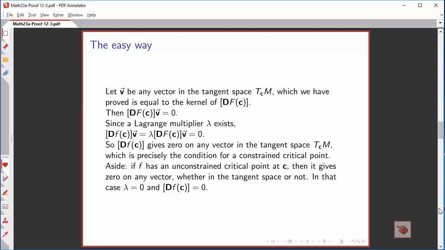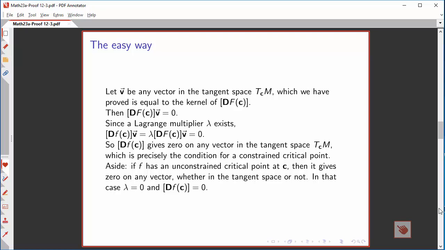In that case, the derivative of f will give 0 on any vector, whether the vector's in the tangent space or not. d little f would also give 0 on a vector that went straight up or straight down. That's perfectly consistent with what we proved. In that case, the Lagrange multiplier is equal to 0, and d little f is the 0 Jacobian matrix.